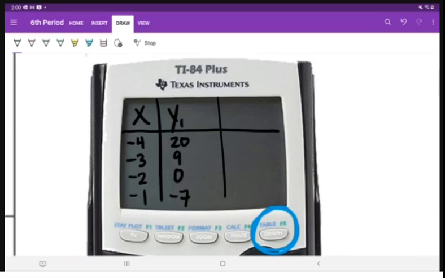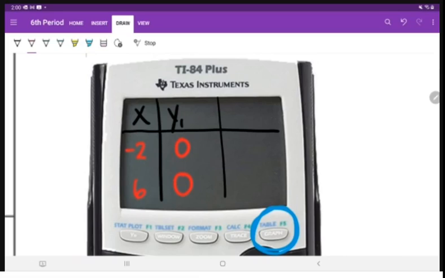Okay, so how can we use this table to find our roots? We find the places where Y is 0. So you're scrolling up and down, looking for places where Y is equal to 0. So the X values that correspond to those places are -2 and +6.